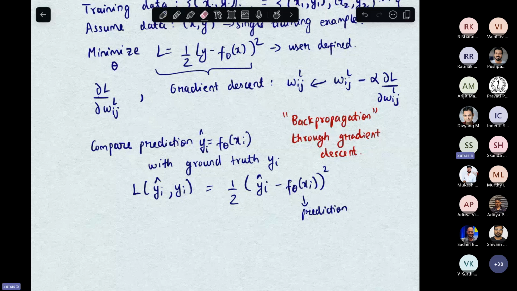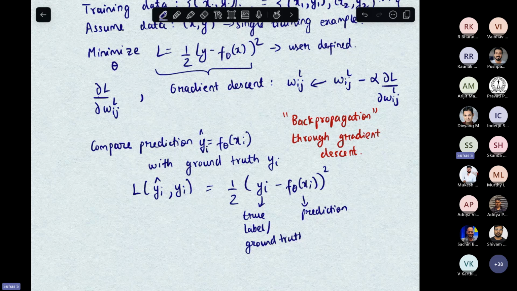This is yi, and this is your true label or ground truth. So ground truth is what we desire, and prediction is what your neural network has given you. So you have an idea of which one is greater or lesser. Okay, is that clear?